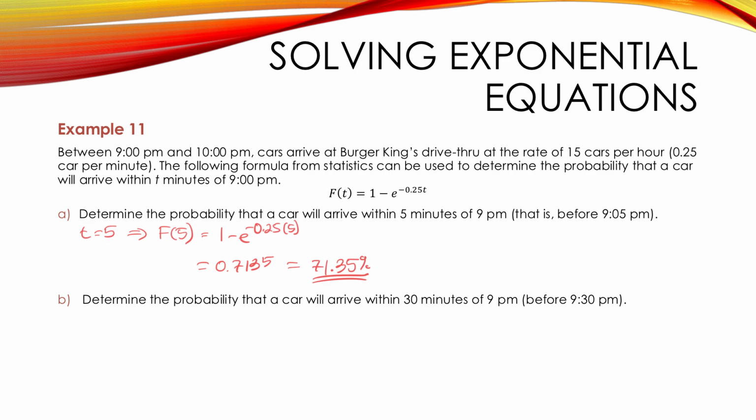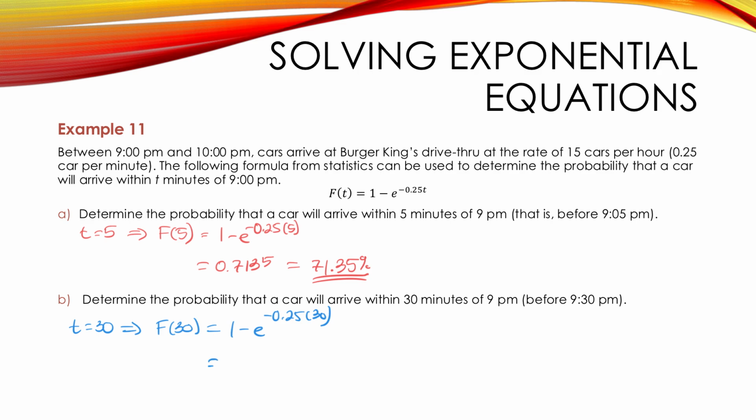Part B says to determine the probability that a car will arrive within 30 minutes of 9 o'clock. Well, if we're averaging a quarter of a car per minute, that should be a pretty high probability considering we've had 30 minutes. So we should have on average had maybe 7 cars or more by then. But let's see, what is our probability? We're 30 minutes in, so let's find f of 30, which would be 1 minus e to the negative 0.25 times 30.